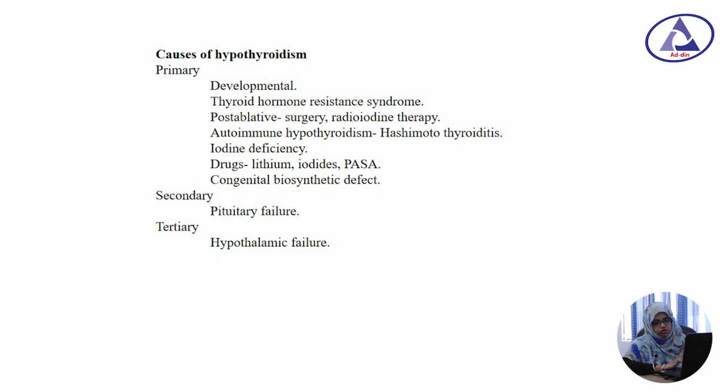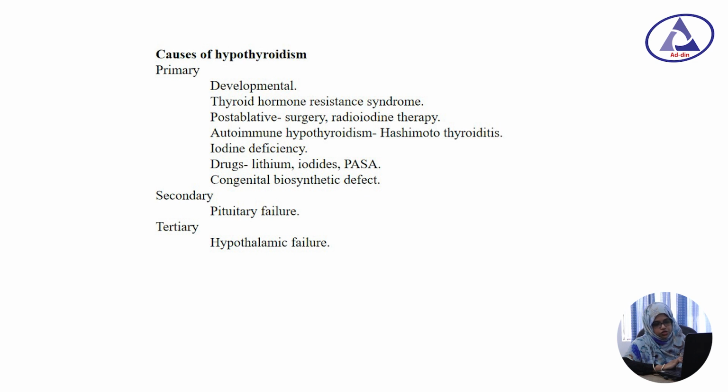The primary group includes developmental causes, thyroid hormone resistance syndrome, post-ablative surgery, radioiodine therapy, autoimmune hypothyroidism including Hashimoto thyroiditis, iodine deficiency, drugs like lithium and iodides, and congenital biosynthetic defects.